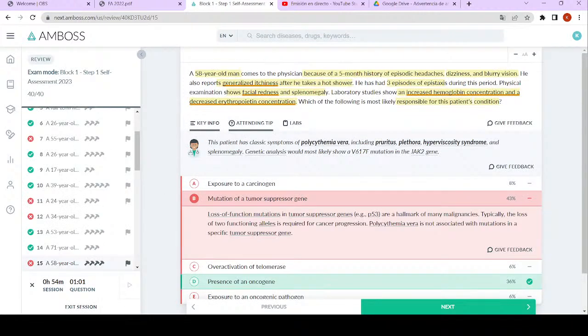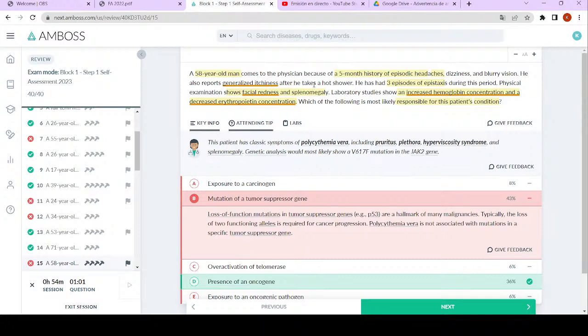A 48 years old man comes to a physician because of a 5 month history of episodic headaches, dizziness, and blurry vision. He reports generalized itchiness after taking a shower.